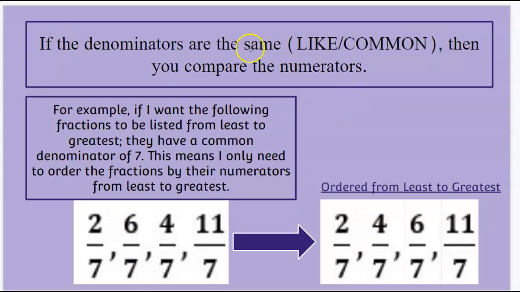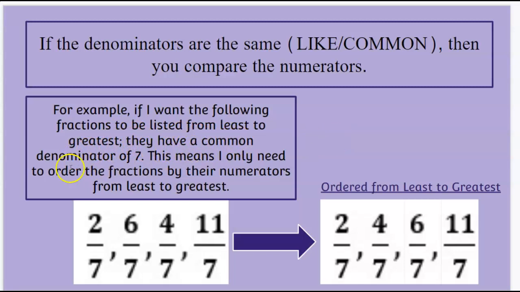If the denominators are the same, or common, you're going to hear it as denominators or a common denominator, then you will compare the numerators. So I'm going to read this. For example, if I want the following fractions to be listed from least to greatest, they have a common denominator of 7.